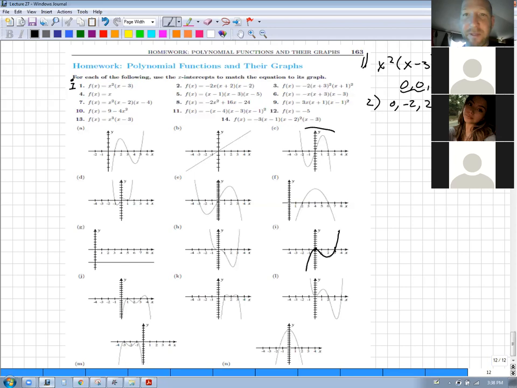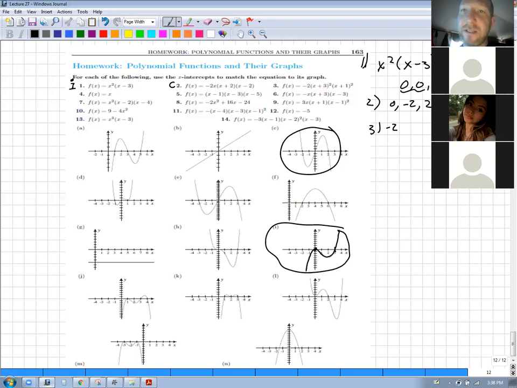So that looks like maybe this one, but let's see if there's any others that have the same roots. No, we don't. So number 2 is going to be C. I'm going to circle these as we do them. So those are taken.